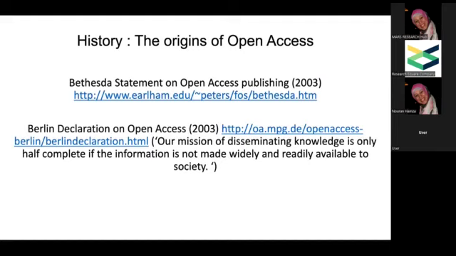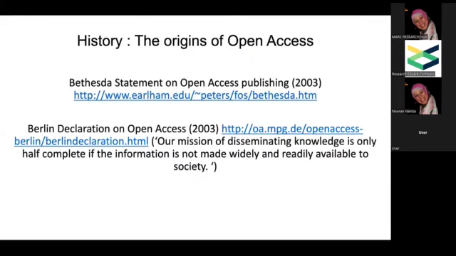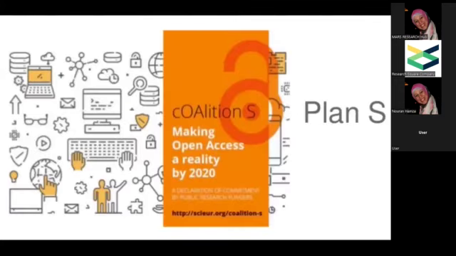You have some other important statements here: the Bethesda Statement, the Berlin Declaration on Open Access from 2003, and then perhaps the most famous movement in this area so far, of course, Plan S or Coalition S, a big European Union movement.